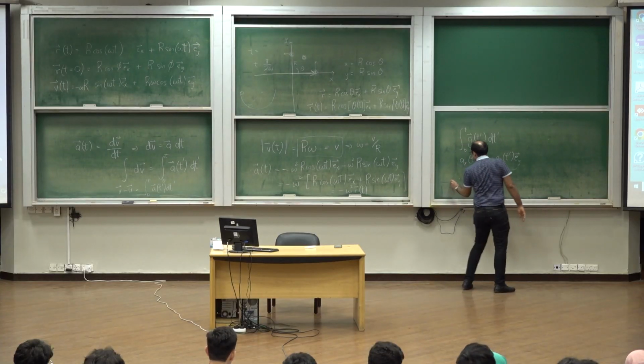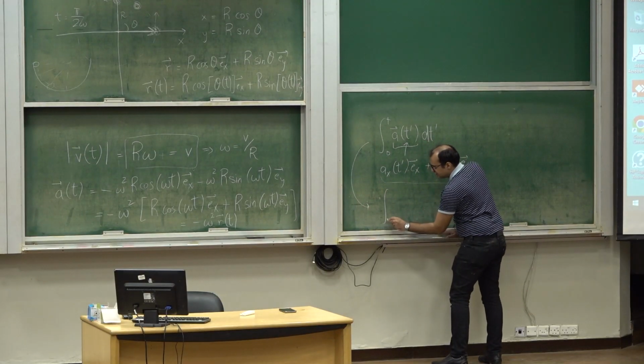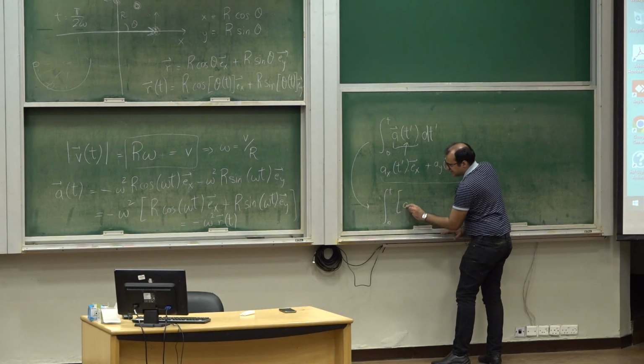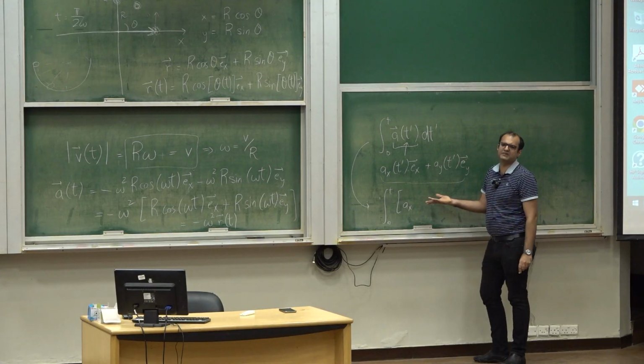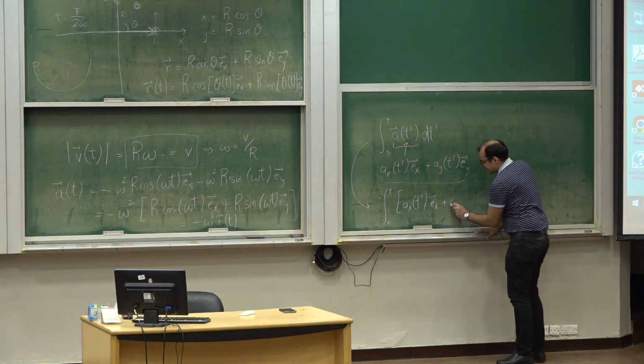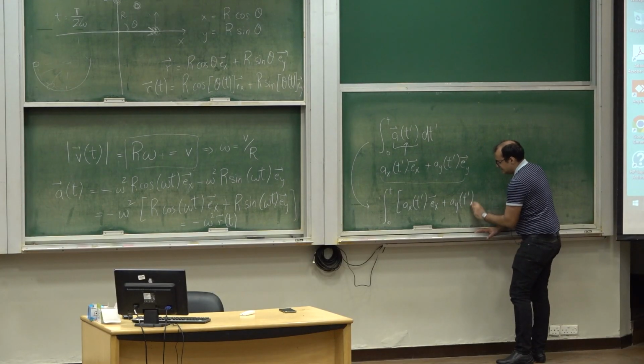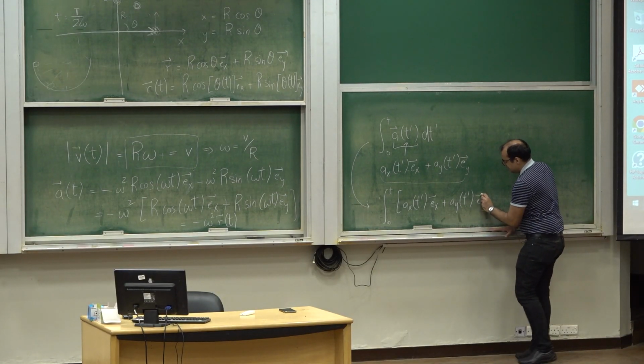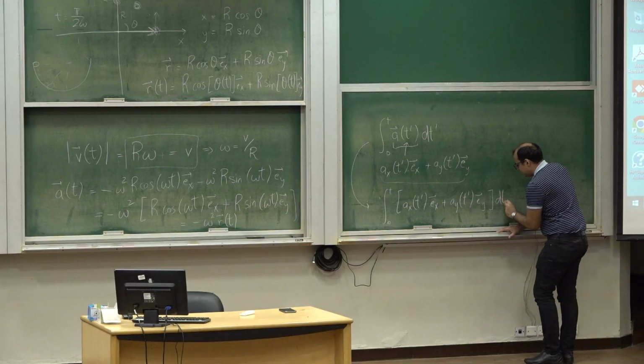Okay, so let's do it. This thing becomes 0 to t, you just plug it in. This is exactly what you have done for derivatives, except that you are now dealing with integrals rather than derivatives. Unit vector भूल गया. Okay. Ey and you have dt prime.